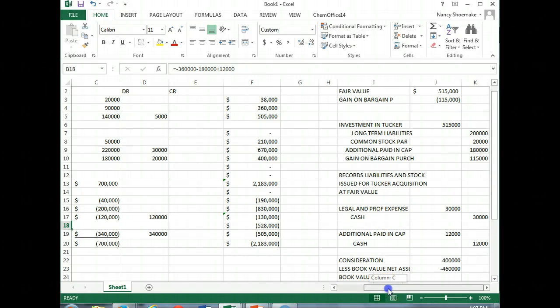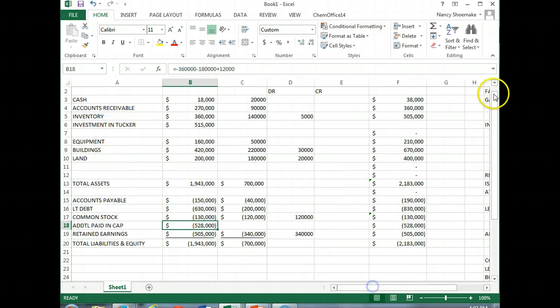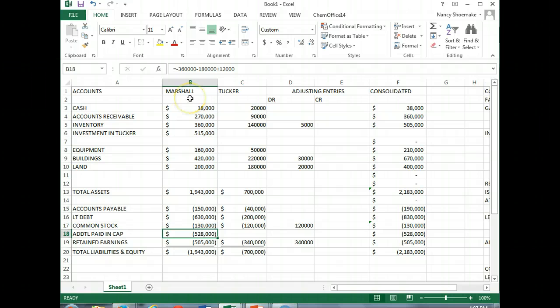So basically, we took all of these transactions here and recorded them against Marshall, okay, to come up with the new balance sheet for Marshall. The retained earnings needs to immediately reflect the gain on the bargain purchase.